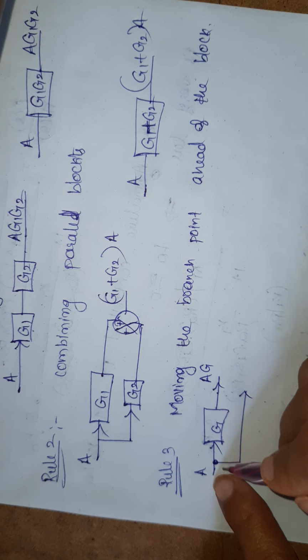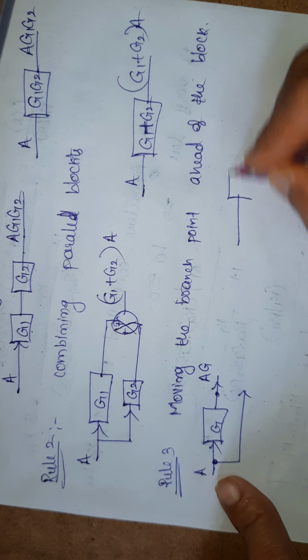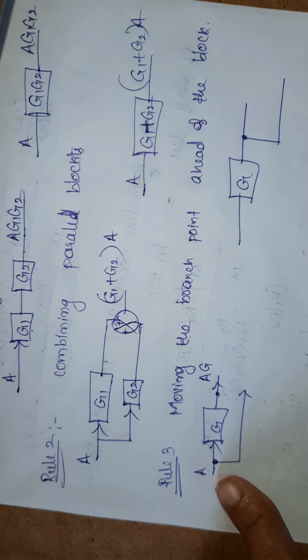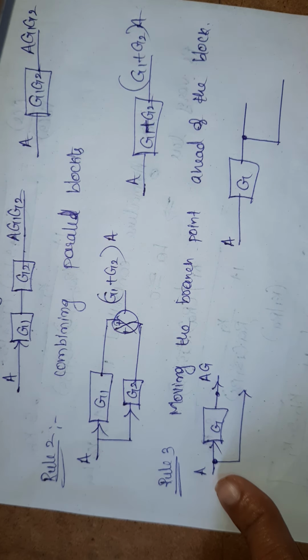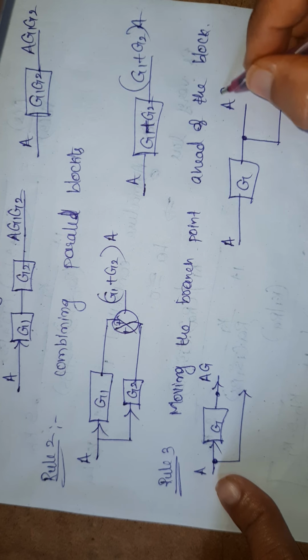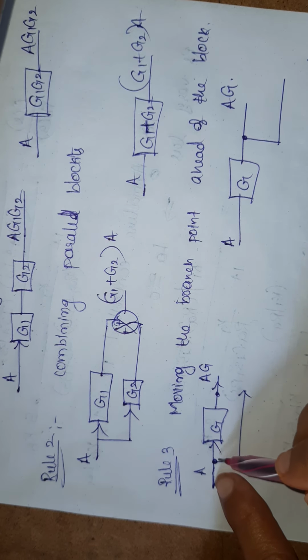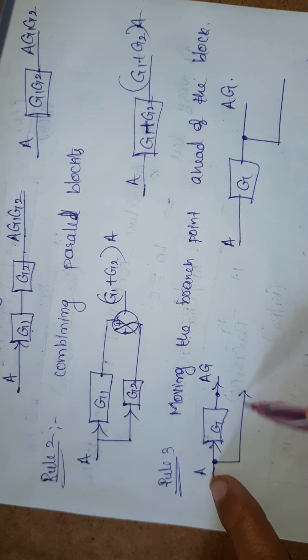After this block I have to get the branch point, such that there would be no changes in input and output. If we take a branch from here, what is the input for this branch?